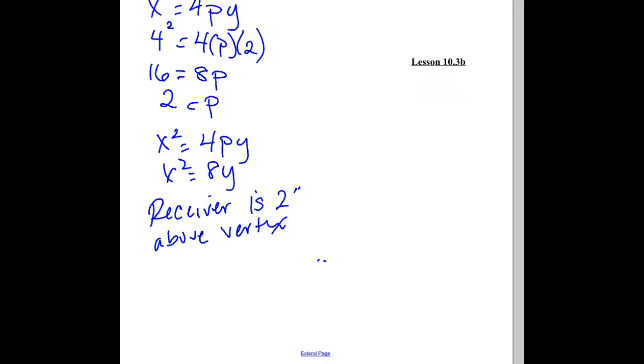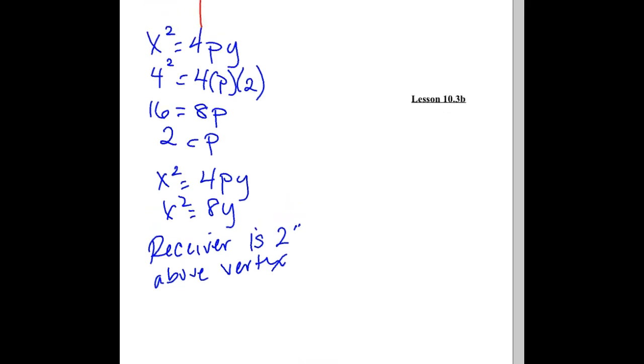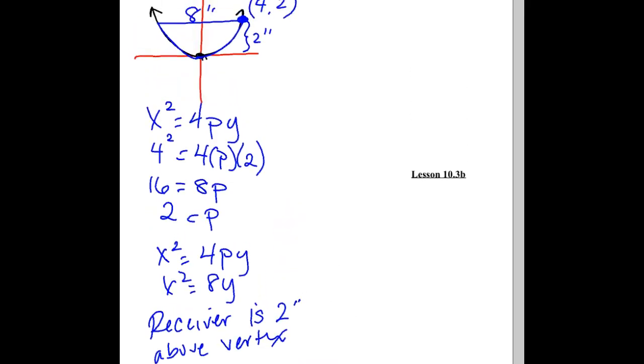Now, some of you might be looking at that and saying, well, we kind of knew that already. They gave us 8. However, you have to be really careful because they did not say that 8 was the focal length. It happened to work out that way on this one, but it doesn't have to. I could make a headlight, and I could give you how wide that headlight is. That does not mean the focus is in line with the edge of that headlight.